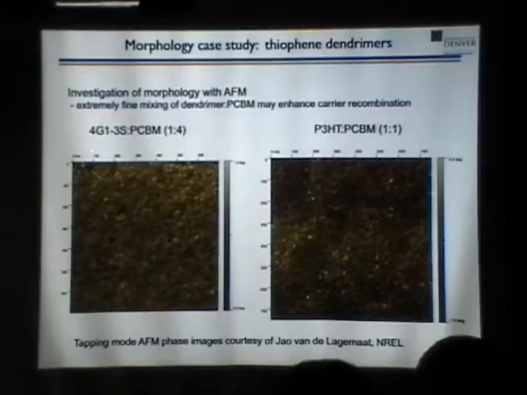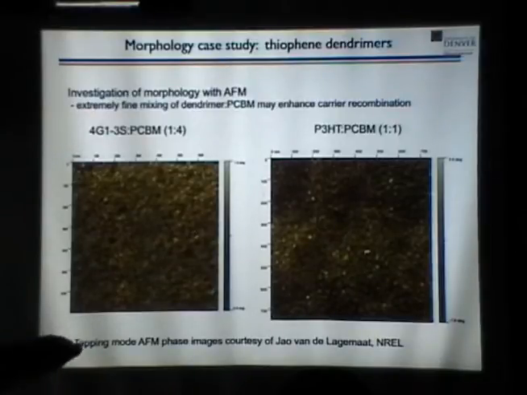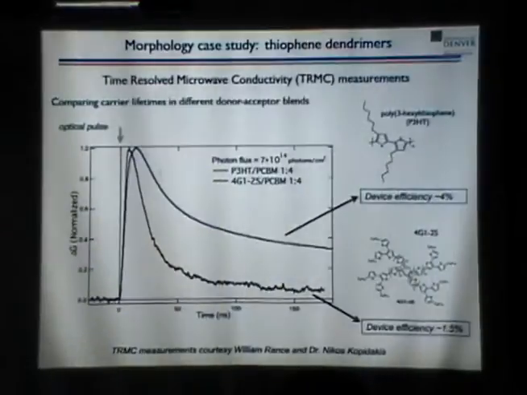Over here is the dendrimer, with a code name of 4G13S. Mixing the dendrimer with PCBM, at least from here we get the idea that the mixing is much more intimate, much finer. We didn't have access to the transmission electron microscope at the time, but we need to do that to confirm this. It looks like a finer mixing.